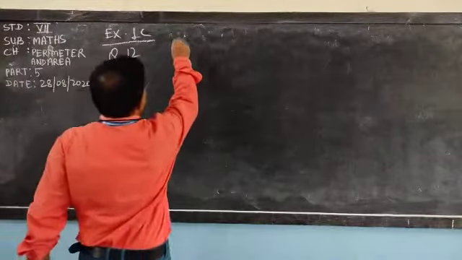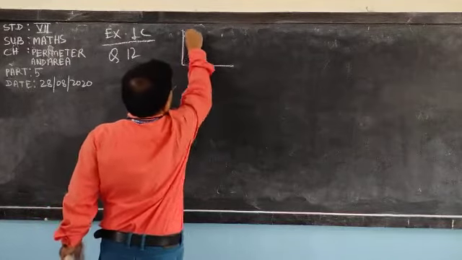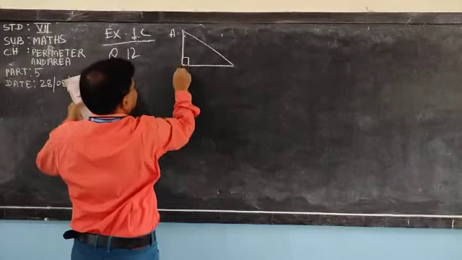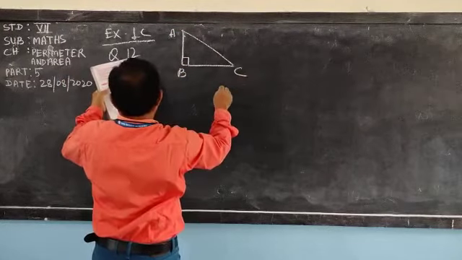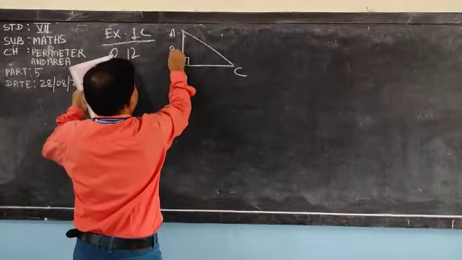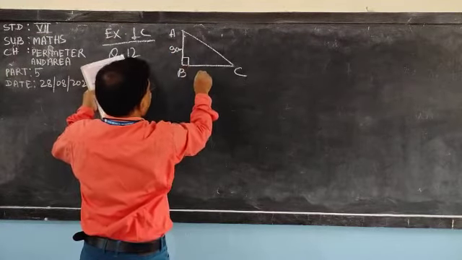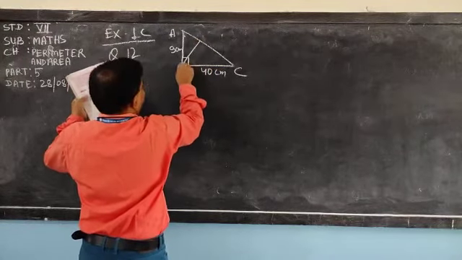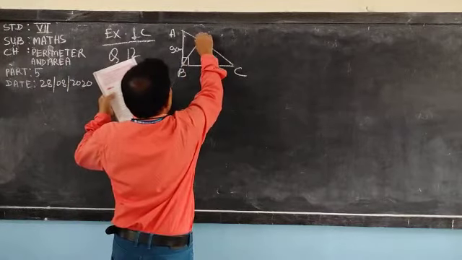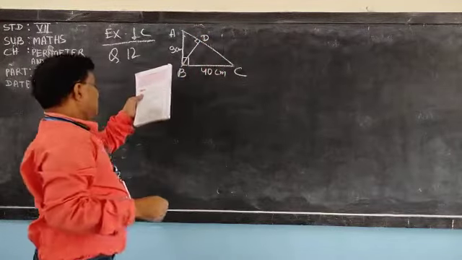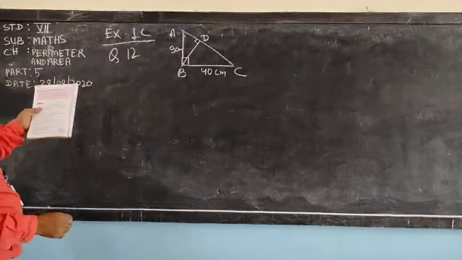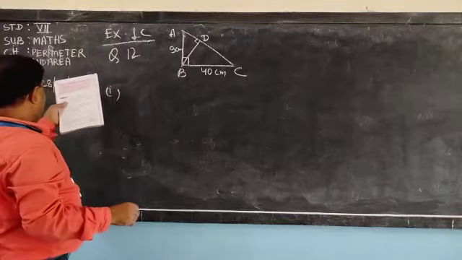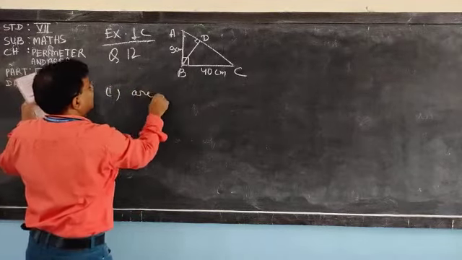See here, it is 9 centimeter and this is 40 centimeter, and one more perpendicular is given here. It is D. Now let us see what question is asked. Question 1. Find the area of triangle ABC.